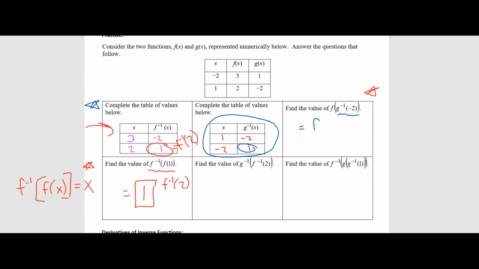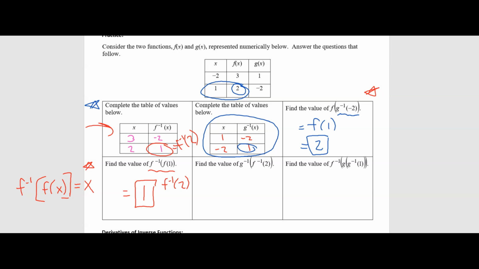So this simplifies to f of 1. I come up here, f of 1 is equal to 2. So again, when you're evaluating a composite function, just evaluate the innermost function first and eventually work your way out to the outermost function.